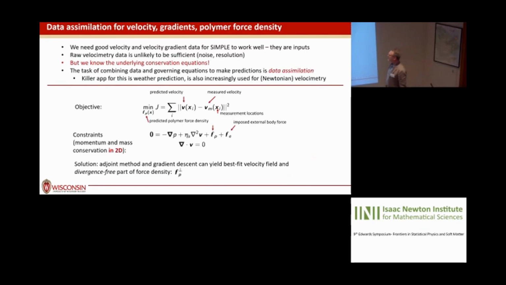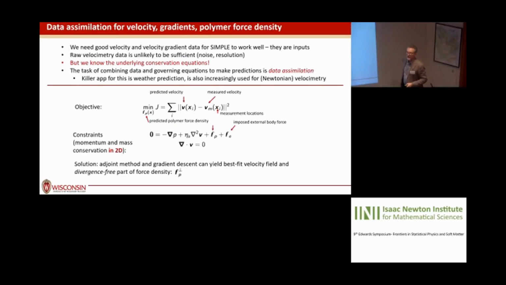All right, and the last thing I'll talk about is that we also have velocimetry data here. And so what can we learn from the velocimetry data? One thing we can learn is, so we know the momentum equation. Here's the momentum equation. We've neglected inertia here. So what we can do is ask the question, what's the solution to the momentum equation that minimizes the error relative to the measured data?